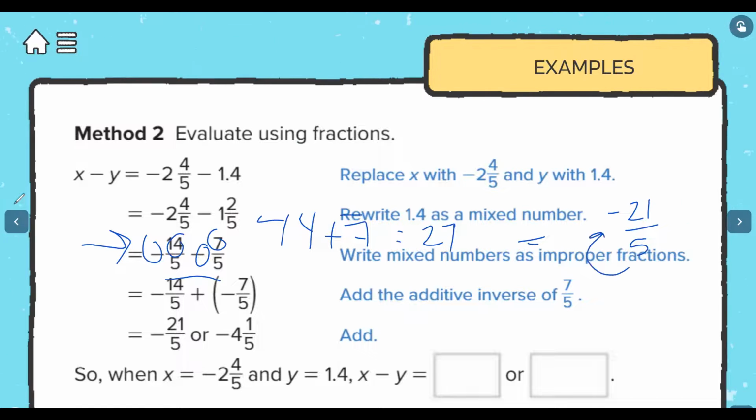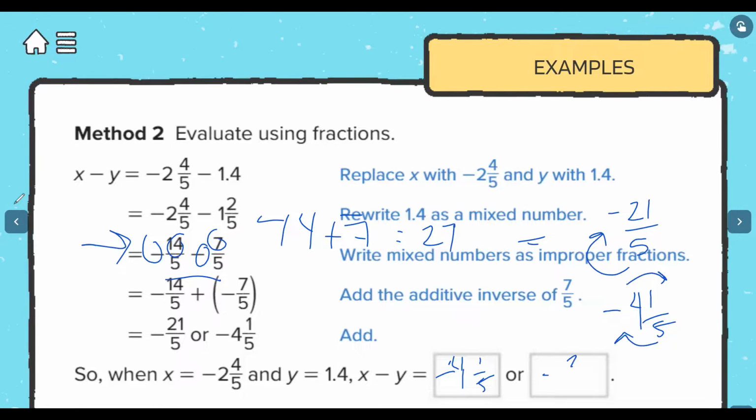So what do I need to do? How many times can the 5 go into the 21? It's 4 times, and I am missing 1. So my answer would be negative 4 and 1/5, or I can put it as an improper fraction, which would be negative 21 over 5. Either one works for me.